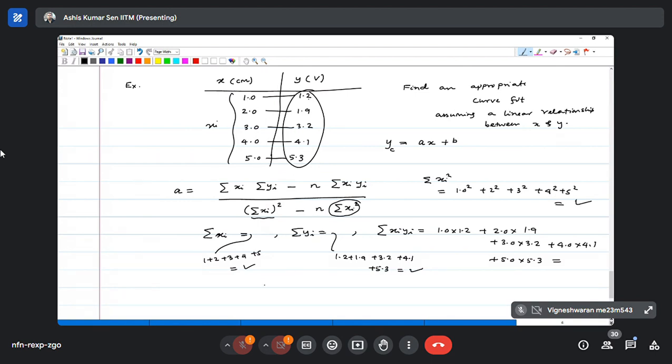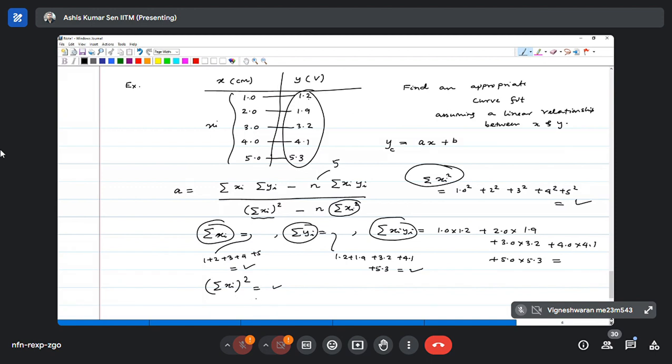Now, if you substitute, all the values you know for this equation, you have sum xi, sum yi, sum xi yi, sum xi square you know. N you know, n is 5. You have 5 data points.